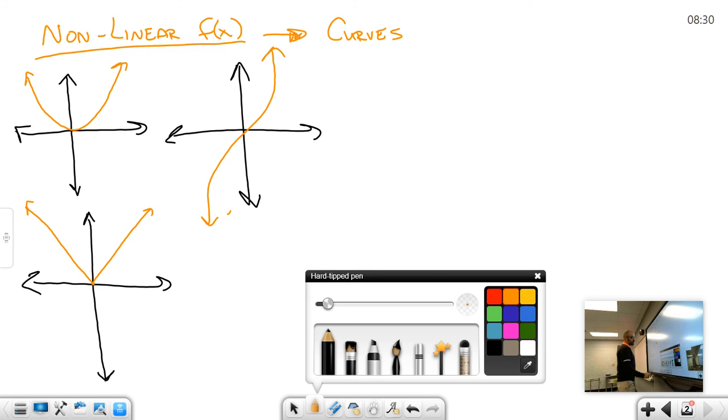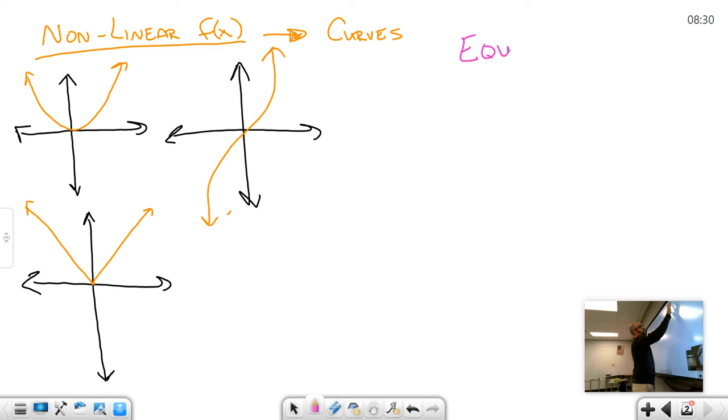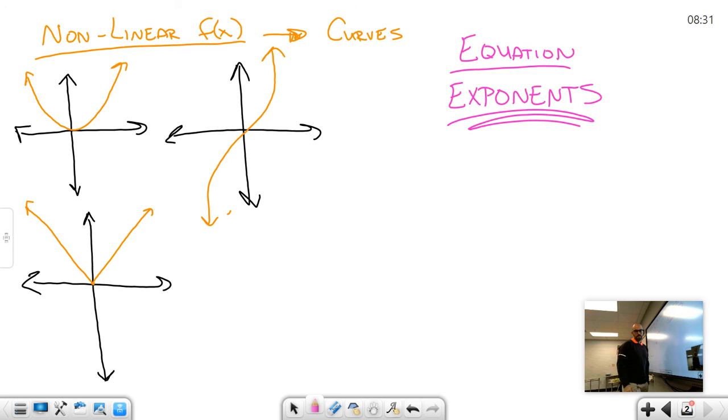Now, what does the equation look like? Let's think about this for a second. For linear, I said we couldn't have exponents. The equation on this portion has exponents. That equation would look something like this: y equals 3x squared plus 7.